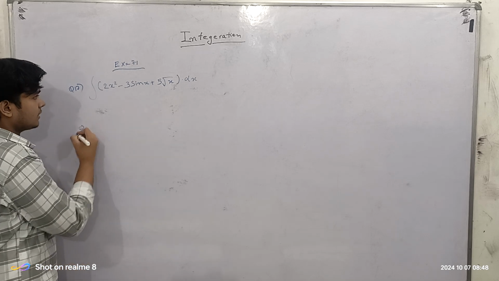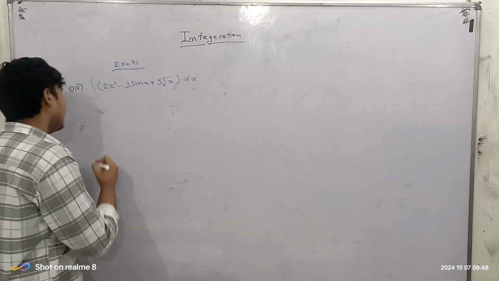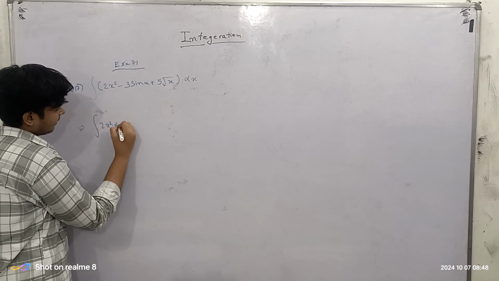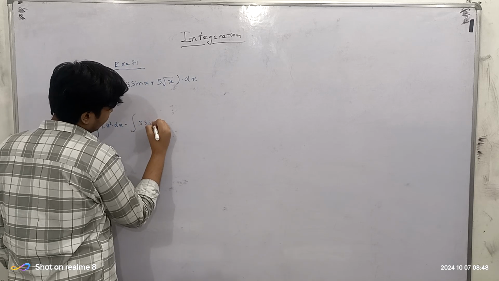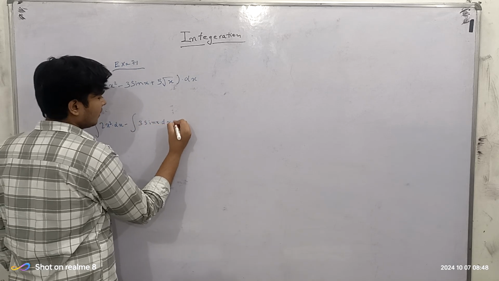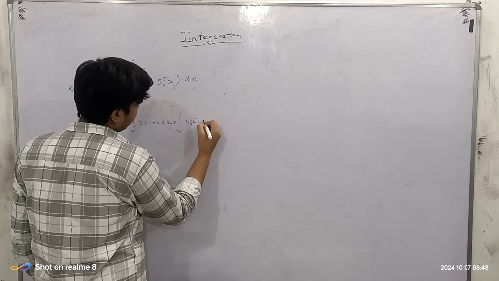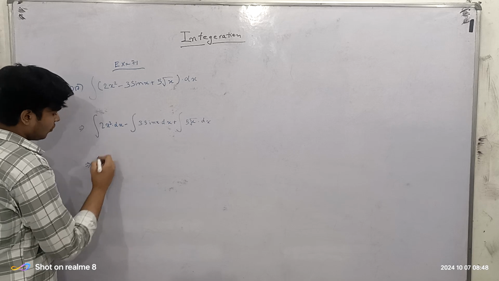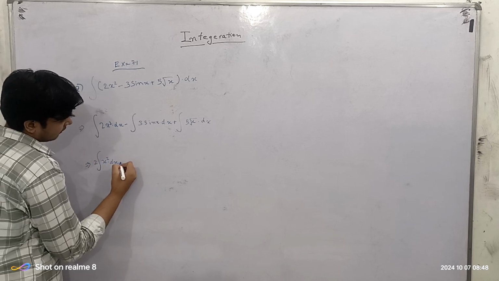Now we are going to solve it. First, we have discussed that since a sign is given, we will integrate separately: integration 2x square into dx minus integration 3 sin x into dx plus integration 5 root x into dx. 2 will come outside as a constant, x square into dx, minus 3 sin x into dx, plus 5 will come outside, root x into dx.